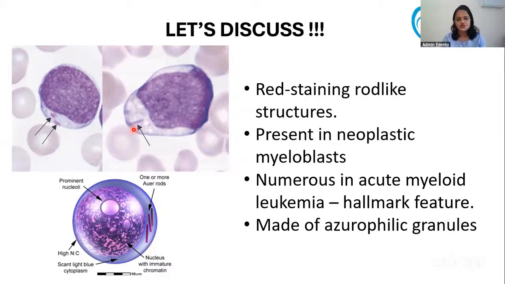They are made of azurophilic granules. In this pictorial representation, you will be able to see the pink or reddish colored rod-like structures more clearly. Yes, they are the Auer rods, a characteristic feature of AML, seen in M1, M2 and M3, all three types.